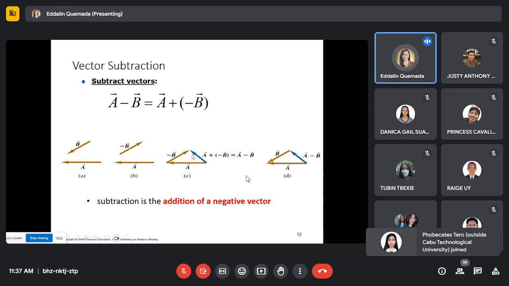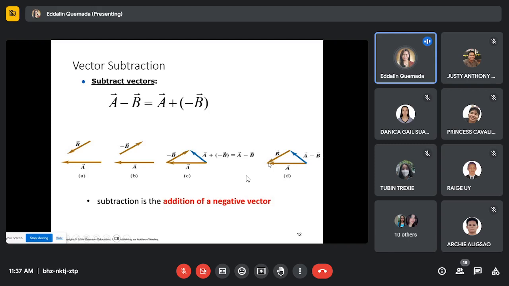In scenario D, this is now the case. Vector A is added this time with vector B. Look, what happened here? How are the vectors being oriented? Head to head.